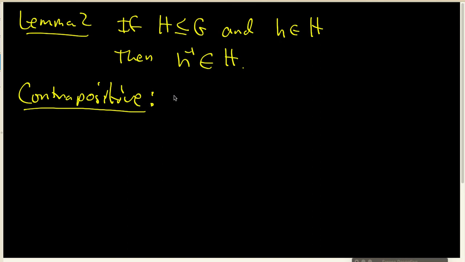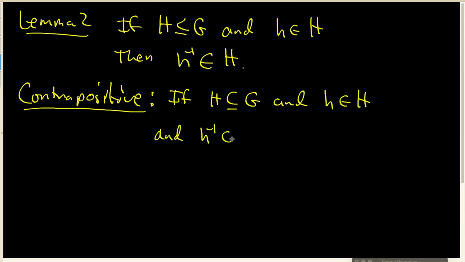The contrapositive says if H is a subset of G and little h belongs to H and h inverse does not belong to capital H, then capital H cannot be a subgroup of G. In other words, if I have a set that has an element in the set and the inverse of that element is not in the set, I know that the set is not a subgroup.